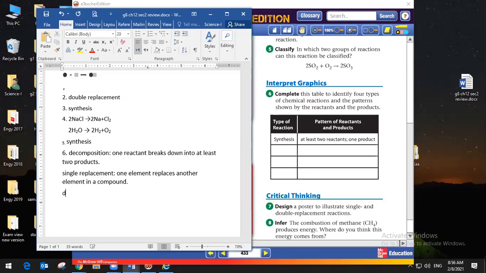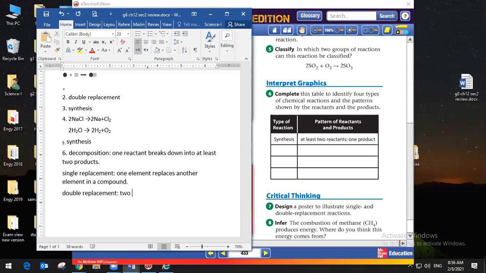Good. Then double replacement. So who can tell me what happens? Yes, Usama. 2 elements replace each other, forming 2 new compounds.